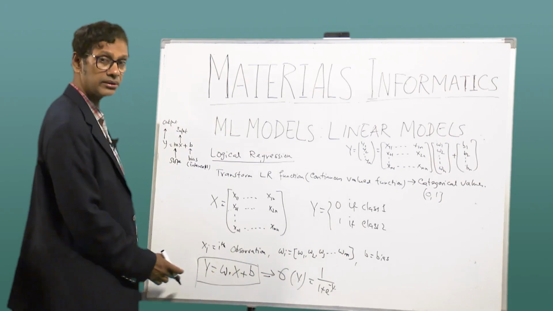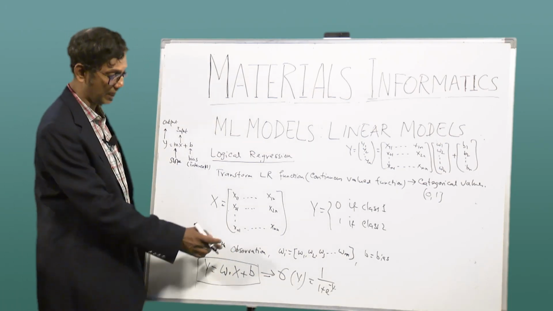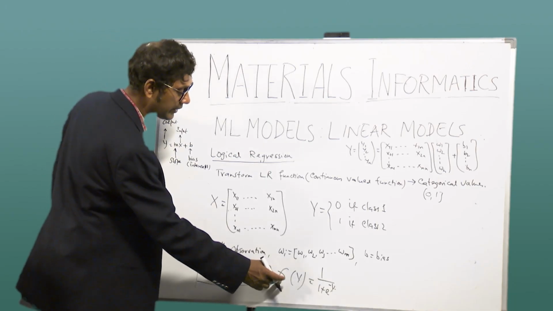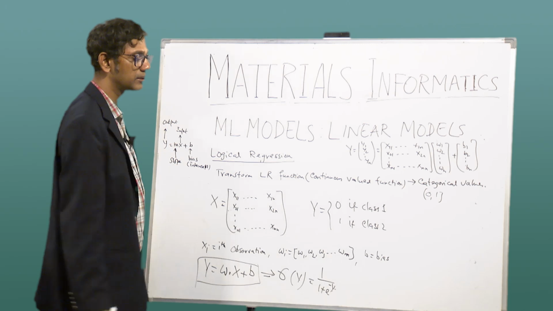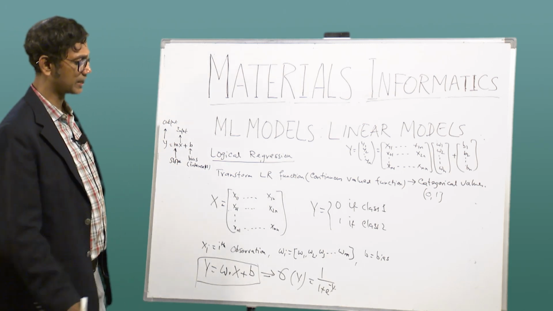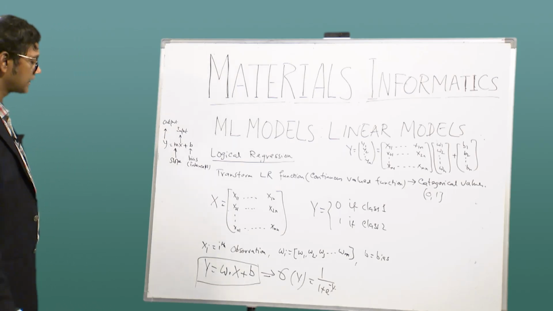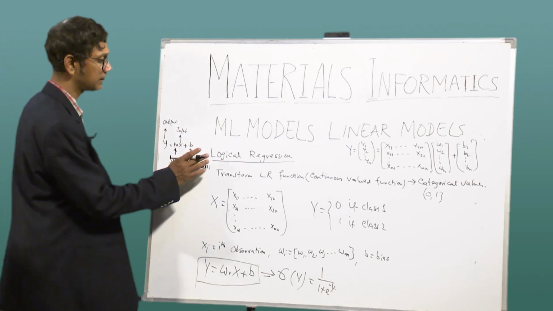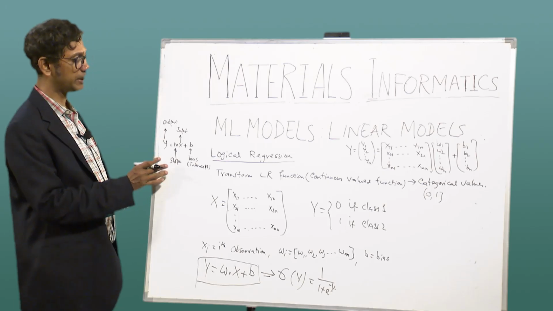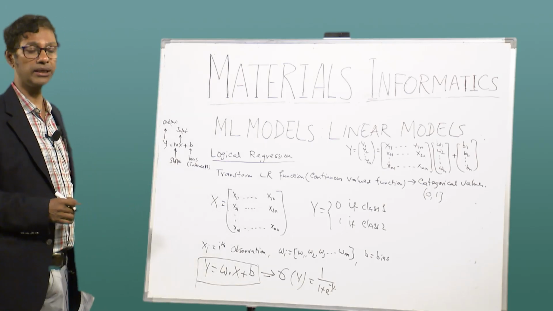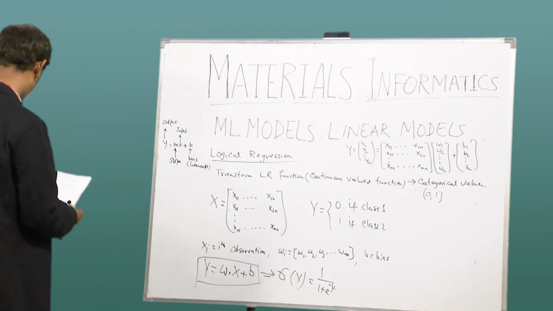Although y was going to provide me continuous values based on continuous values of x, I converted this y into logistic values by applying a sigmoid function onto the y. This is the main idea behind logistic regression, or how, using the linear regression function, you can get a categorical output.